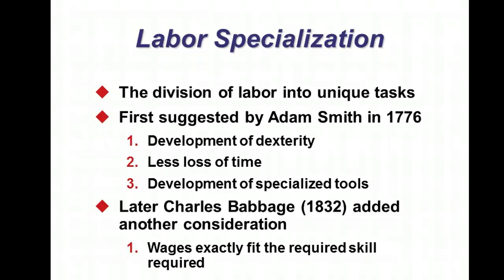So, labor specialization. There's a history, and we aren't going to talk about names and all that, but they did some scientific research on what it takes to get a job done. And there still are books that tell what it takes in terms of developmental dexterity and other things.